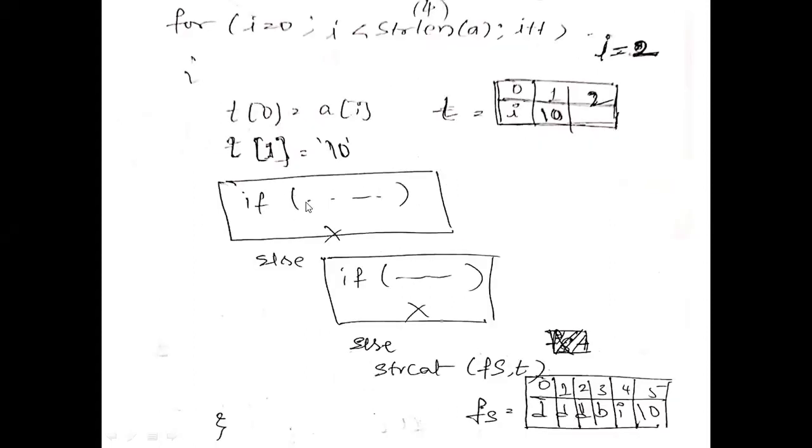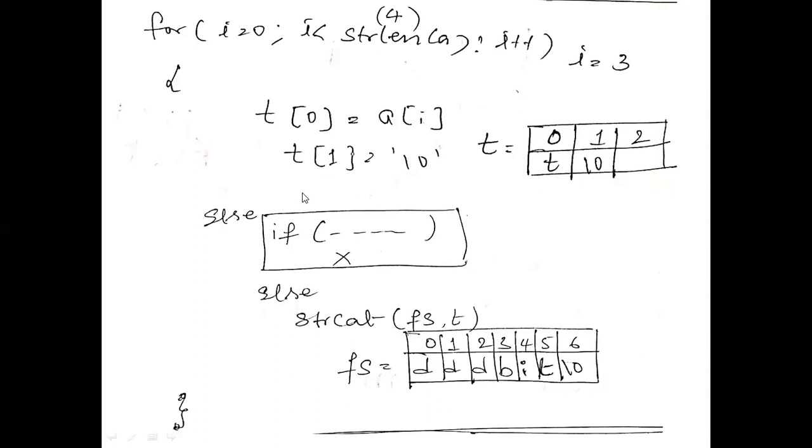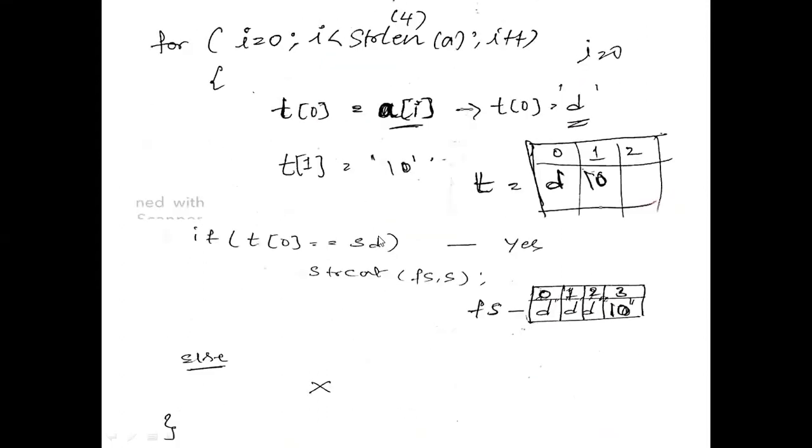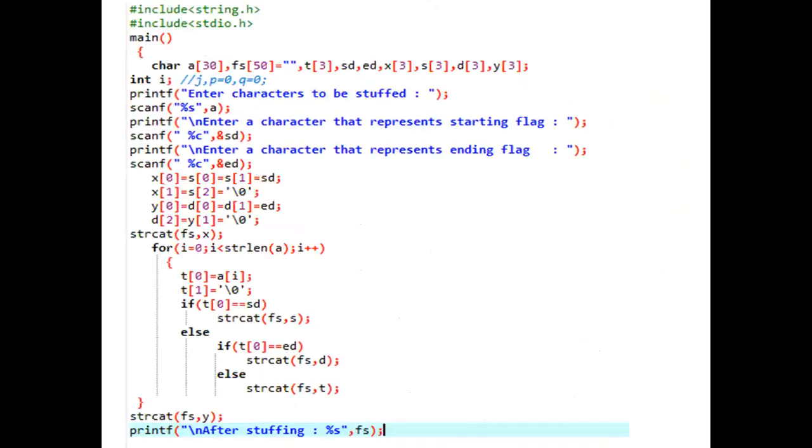This part is missing from this slide. You can assume the first if part is not executed, because the t character is not equal to the start character, nor is it equal to the end character. As I have not written the statement, we can go back and look at the program.